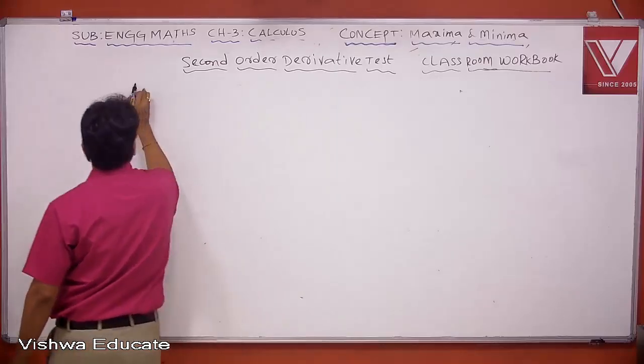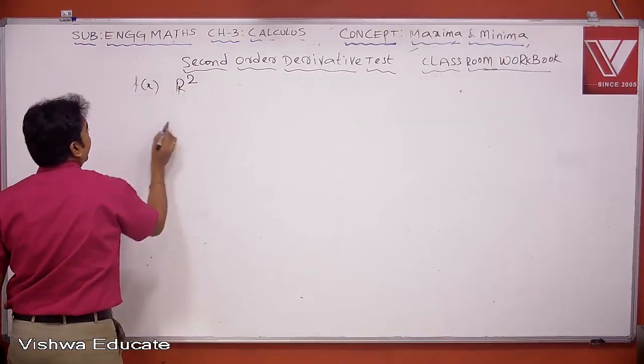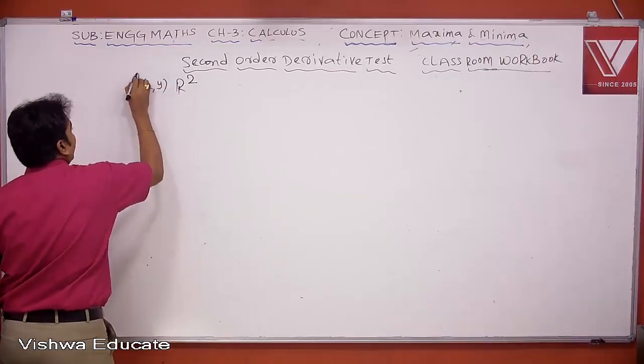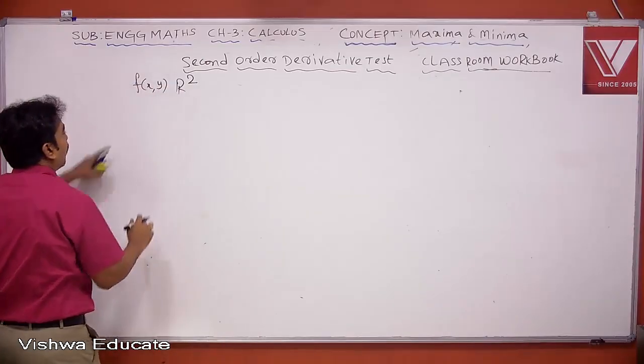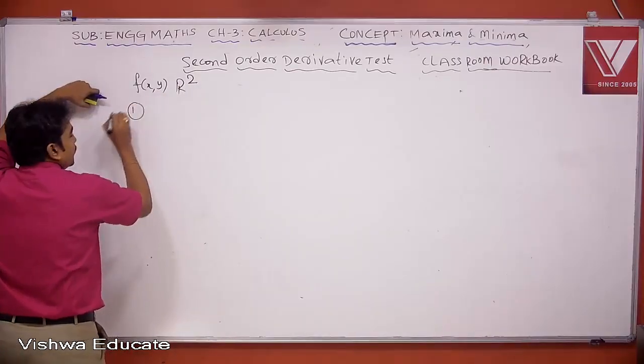Suppose we have a function f of x comma y defined on R square. We need to find the maximum and minimum values of f of x comma y. It takes some 6 to 7 steps.